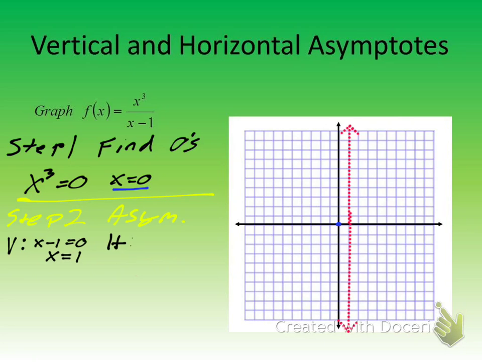Your numerator degree is 3, your denominator is 1. So your numerator's degree is bigger than your denominator's degree. This is where you have to get used to what that means about your horizontal asymptote. There isn't one.